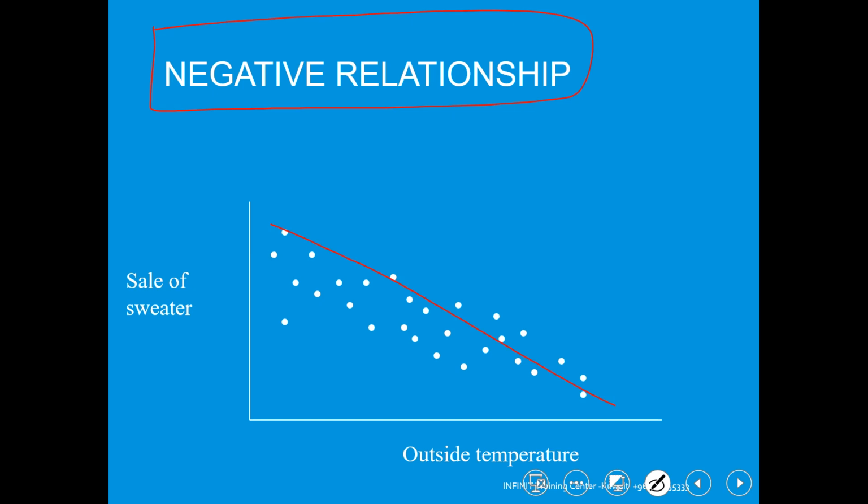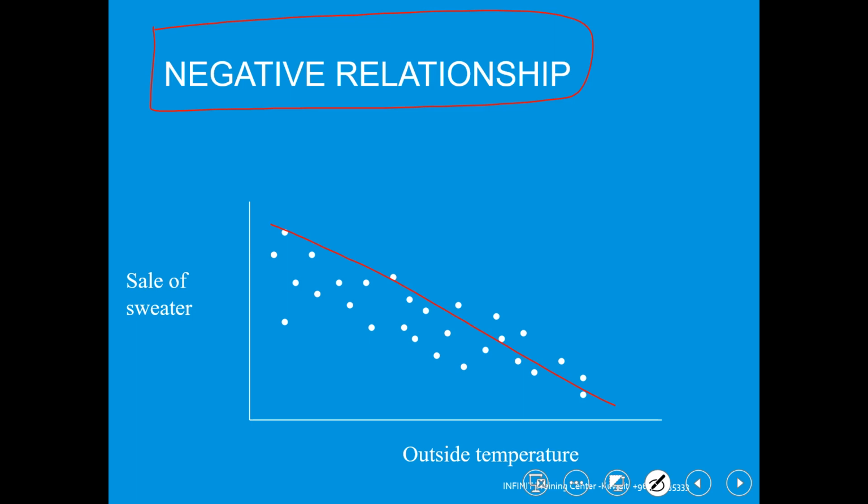So we can conclude that a perfect positive relationship will have a maximum value of +1, and a negative relationship will have a maximum value of -1. So all other values or all other relationships will be lying in between these two extremes. So a negative relationship means it is going to be between +1 and -1.